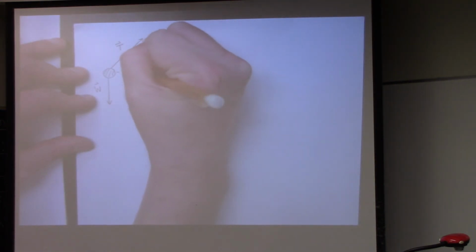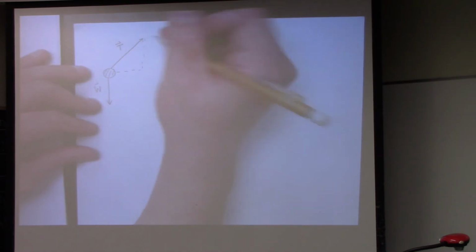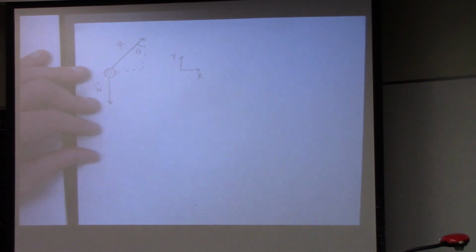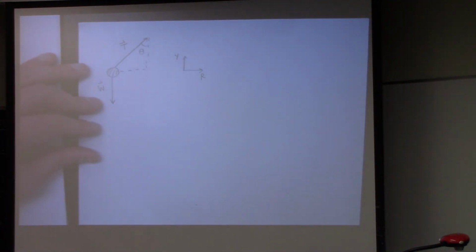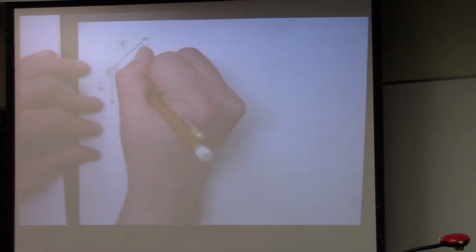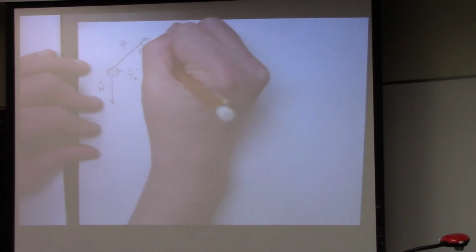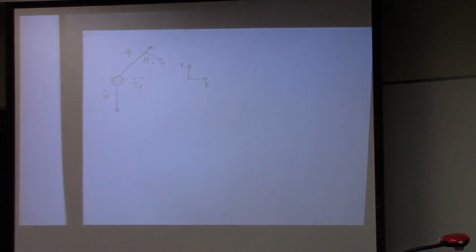So what do we have here? Well, the angle is theta. This is the angle that our string makes with the vertical. So that's up here actually. And then we have TR as this side, and then TY as this side. So before we do anything, let's just work out using trig how to find TR and TY.